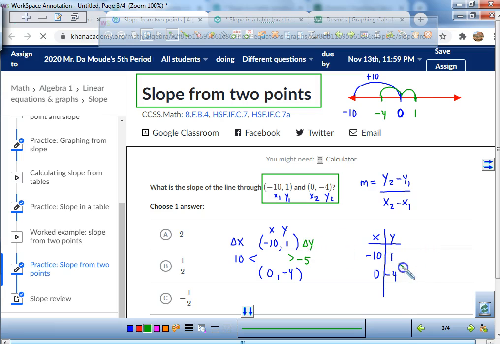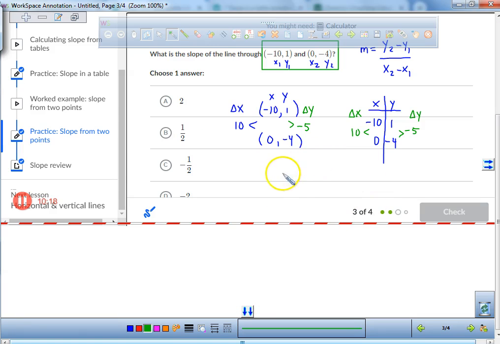Can you guys see that's the same thing I would do in my table? 1 minus 5, and over here, what would this be? A plus 10. So what do we call this once again? The change in the y over the change in the x. Okay, so this is why if I know my slope is the change in y over the change in x, I can use my ordered pairs this way, or I can use a table.